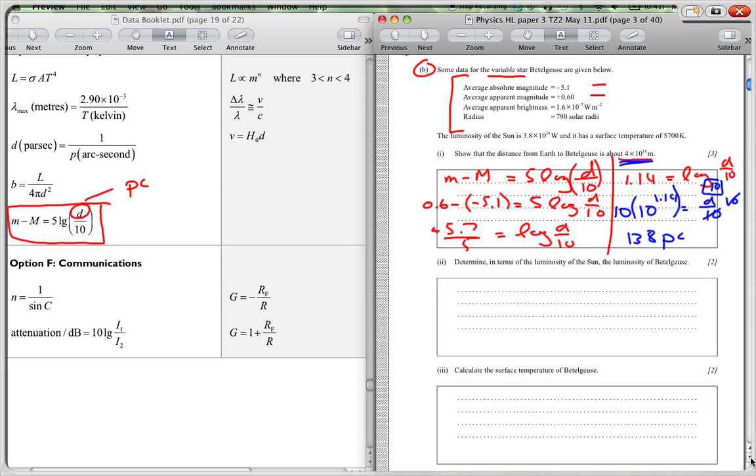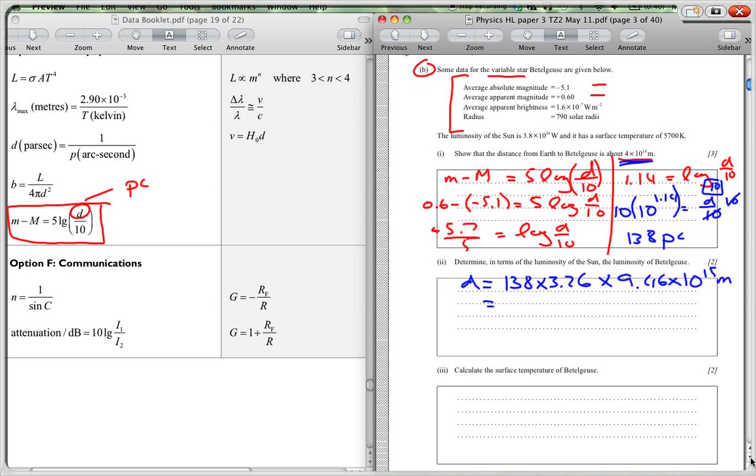To do that, we go to the front of the data booklet, and you'll see your conversions there. To get our distance in meters, it's going to be 138 parsecs, and each parsec is 3.26 light years. Each light year, we are told, is 9.46 times 10 to the 15 meters.